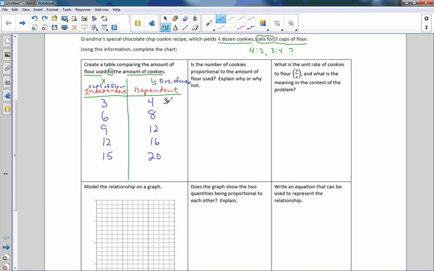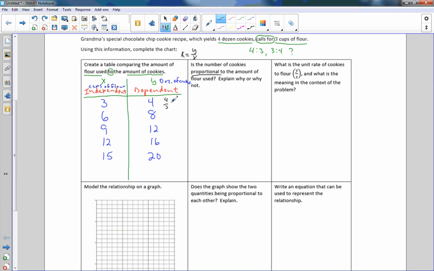Well, if I take 4 divided by 3, that doesn't reduce. So I'm doing y over x here because that's what k is. k equals y divided by x. We're looking for our constant of proportionality to see if this is proportional.